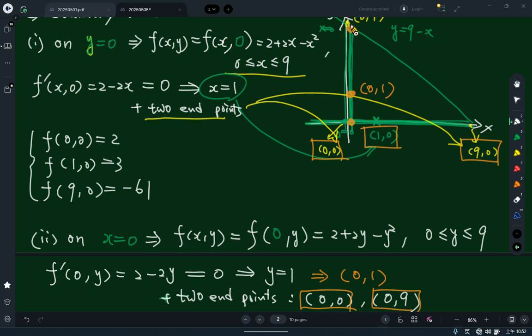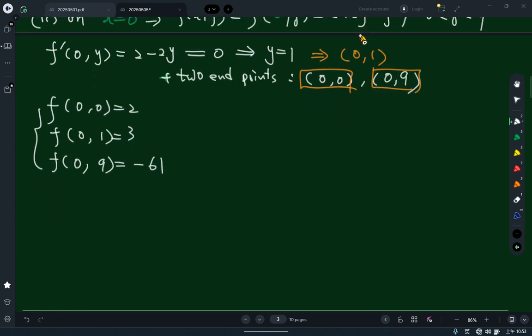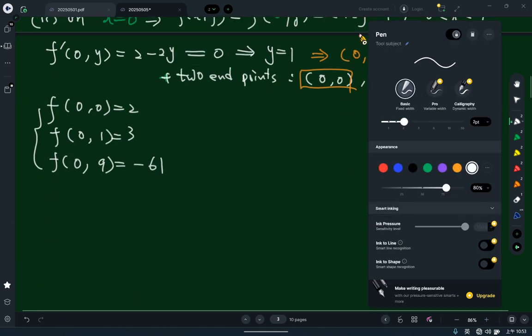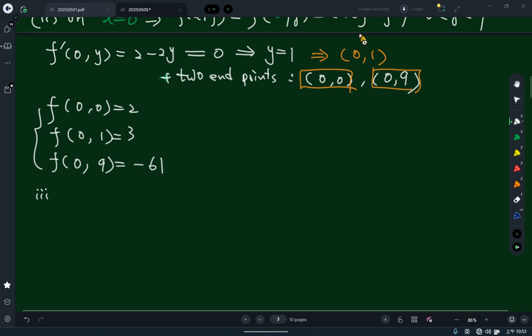So right now we will focus on the points on this line. For the third case, we just focus on y equal to 9 minus x.